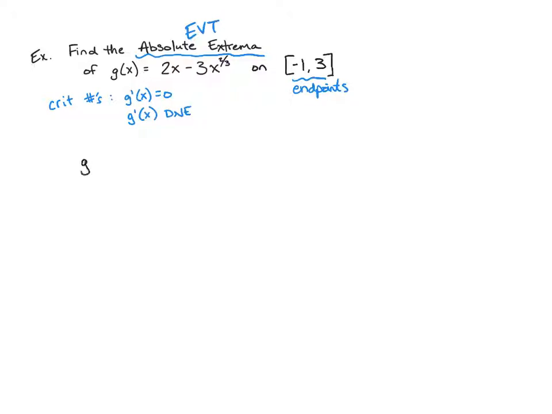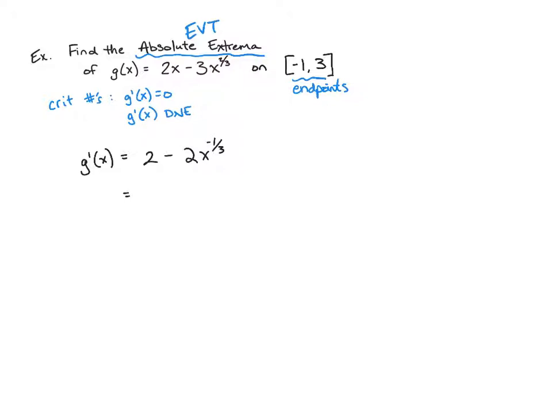G prime is going to equal 2 minus 2x to the negative 1/3. Good old power rule, right? I'm going to make this look just a little bit prettier. I am going to write it with a positive exponent.